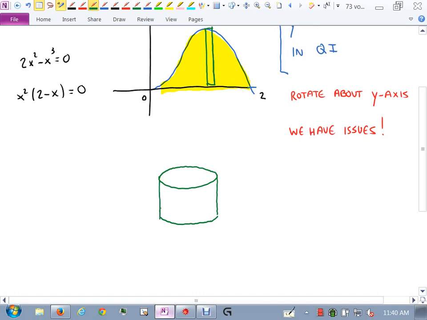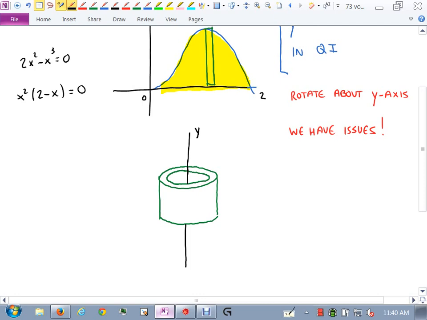Would it be solid? No, it would be hollow in the middle, wouldn't it? Looks something like that. Now my y-axis would be right down the center like this. That's what that one rectangle rotated around the y-axis would look like. We all in favor of that?